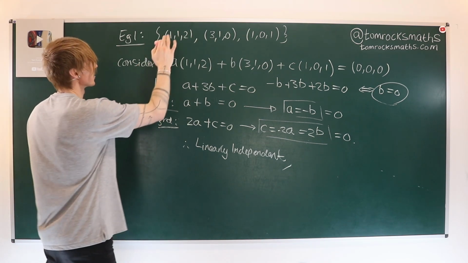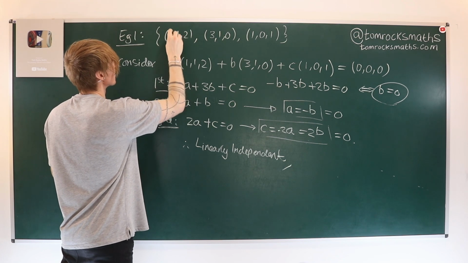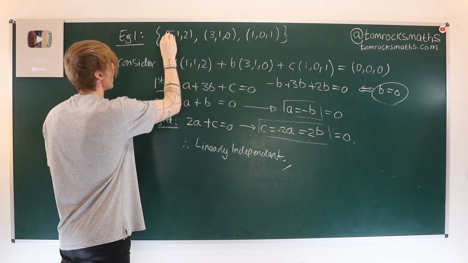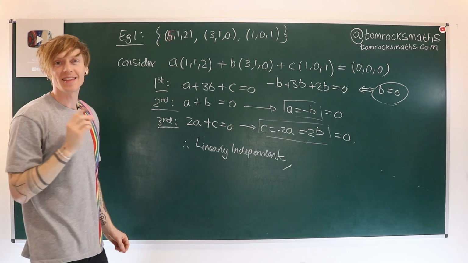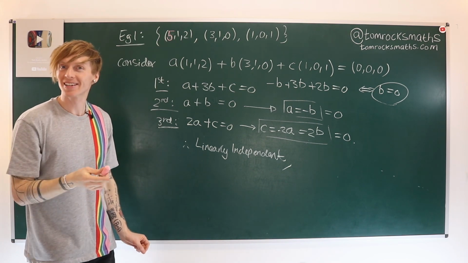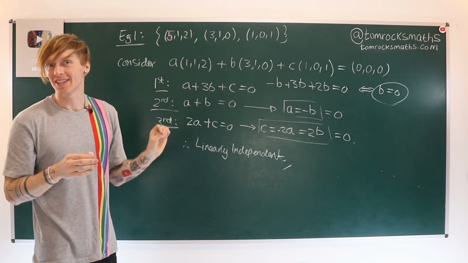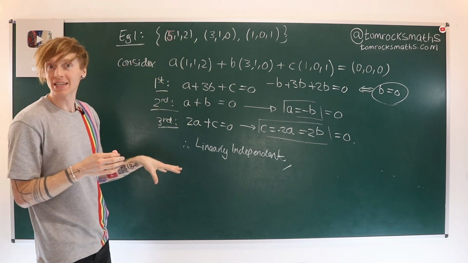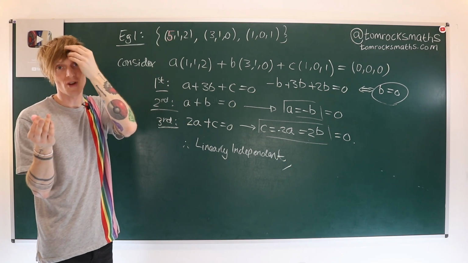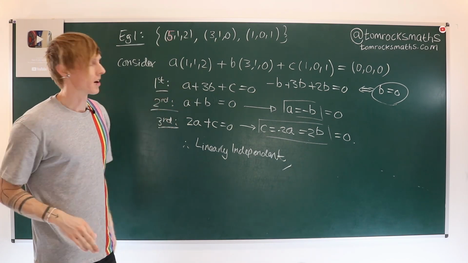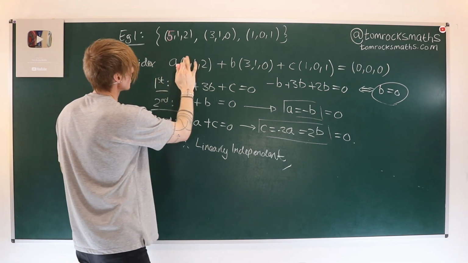Now if I go back and change one entry in one of these vectors, so make a very slight modification to this problem, and replace this one now with a 5, then we can in fact show that this is now a linearly dependent set. And we would proceed in the same way, so I'll just use the red and sort of rub out our old working. So again, this is the only thing that's changed.